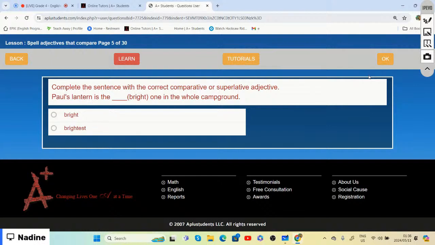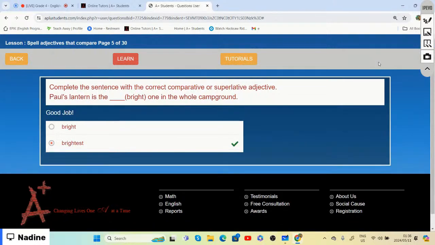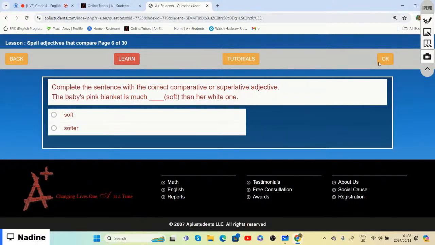So we say Paul's lantern is the brightest one in the whole camp. Brightest. So the baby's pink blanket is much, do we say it is much softer than a white one or softer than a white one?